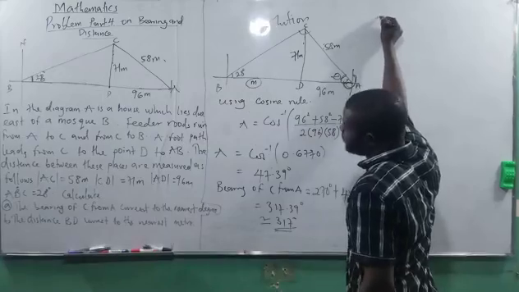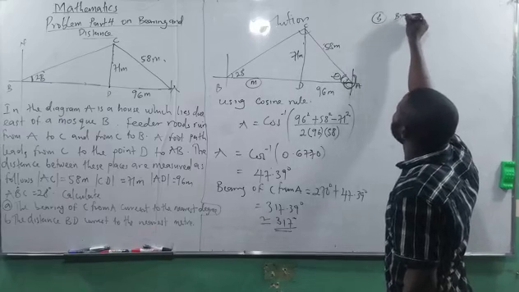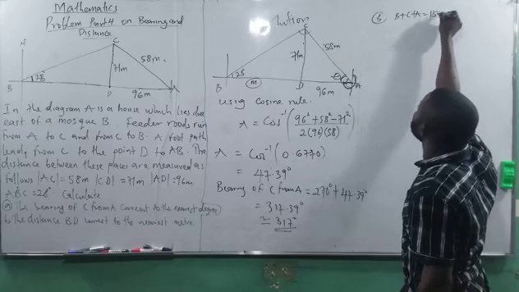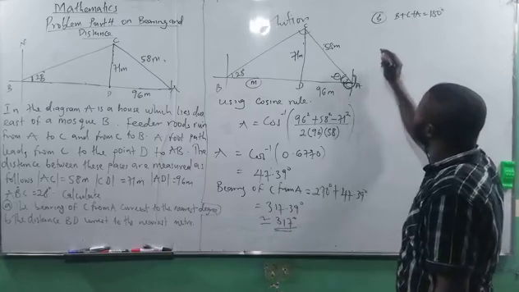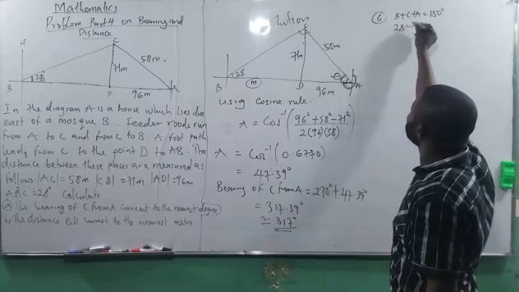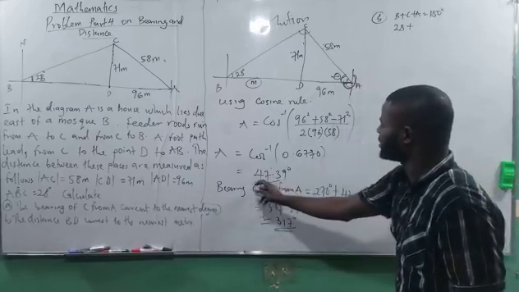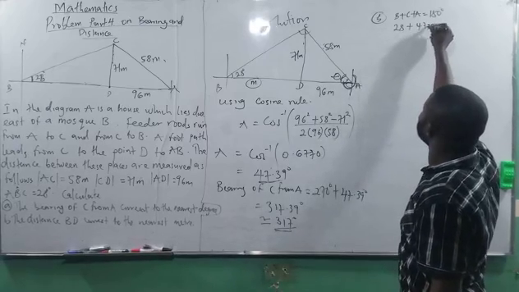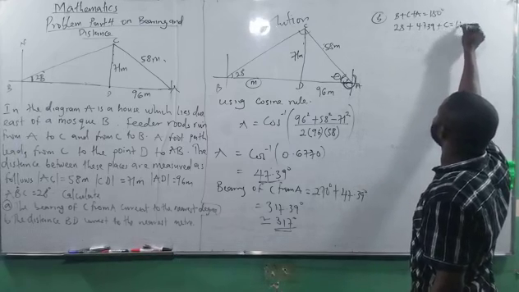Okay, B rather. Now, it means I can say that B plus C plus A equals 180 degrees. Angle in a triangle, which I'll be having 28 plus here will be 40. I think I've gotten that. 47.39 plus C himself equals 180.